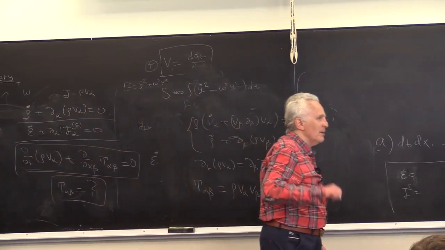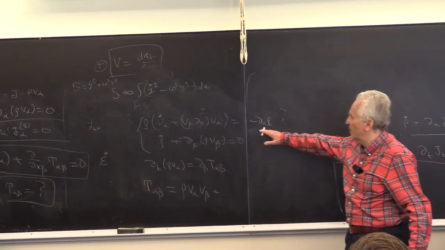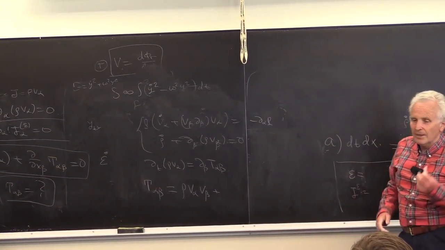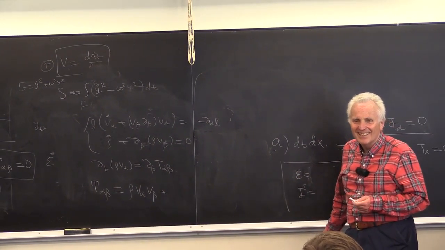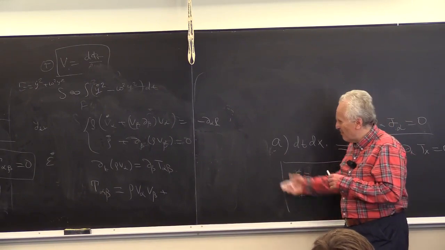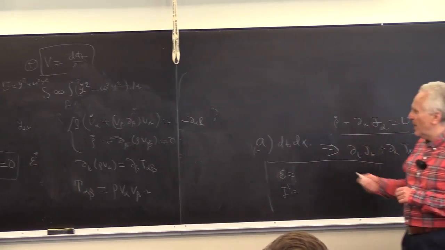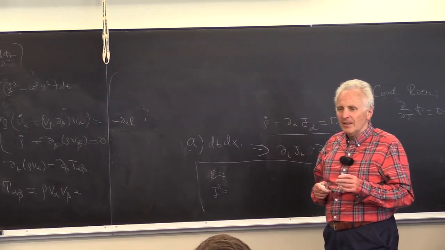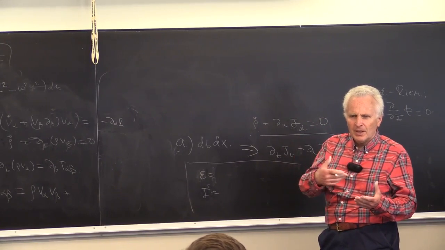So I guess the pressure is axial, so it should be along. Wait. Why is the pressure axial? The pressure is here. Look at this and tell me what the pressure is. It's not axial. How does the pressure transform under, by axial, I assume you mean what? Transformation under reflection?